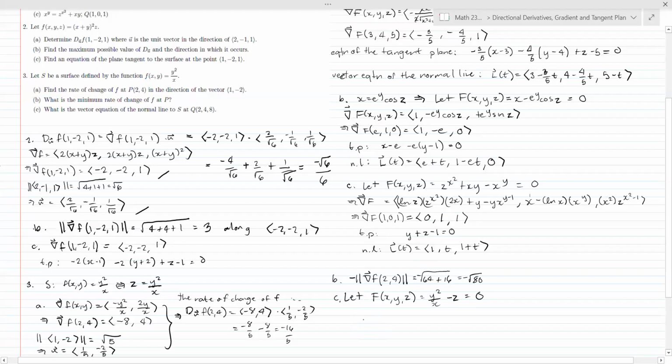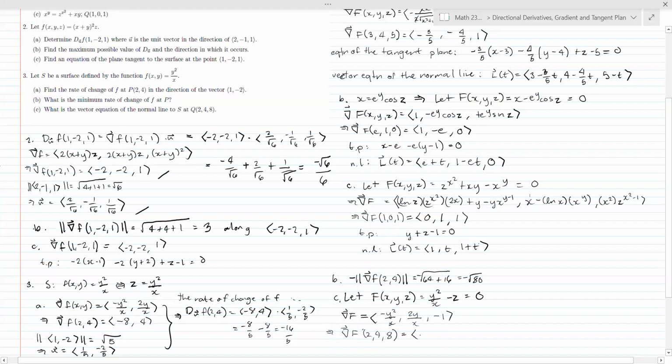So that is the surface, that is the equation for the surface. Capital F in terms of x, y, z equal to a constant. And then let us get the gradient: partial x, partial y, and then partial z. What do we need? The normal line at (2, 4, 8).